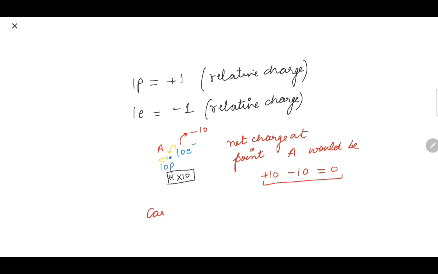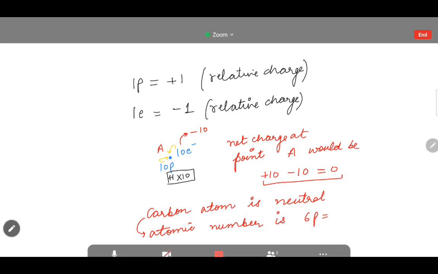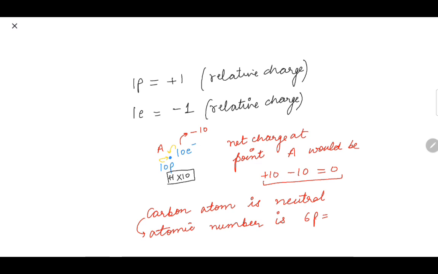So when I say carbon atom is neutral, and I also say that its atomic number is 6, are you understanding? When I say its atomic number is 6, what does that mean? It means that it has 6 protons. And in order for the carbon atom to be neutral, it has 6 electrons also.